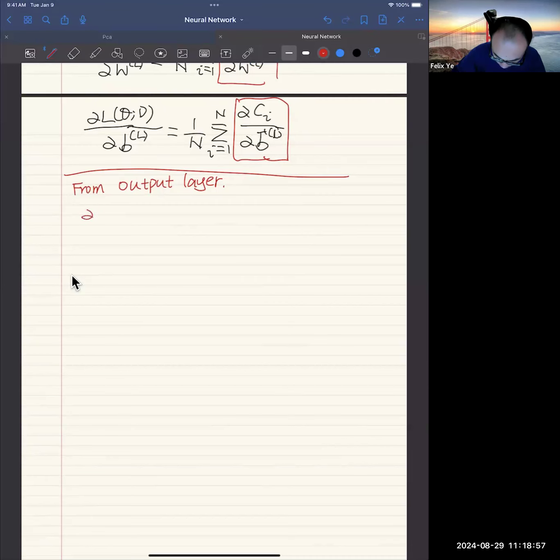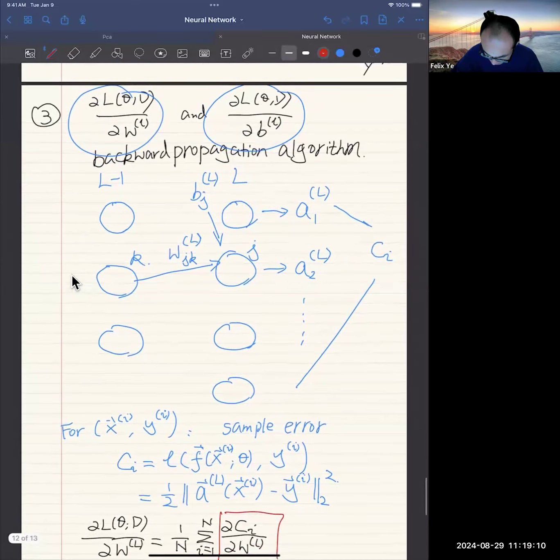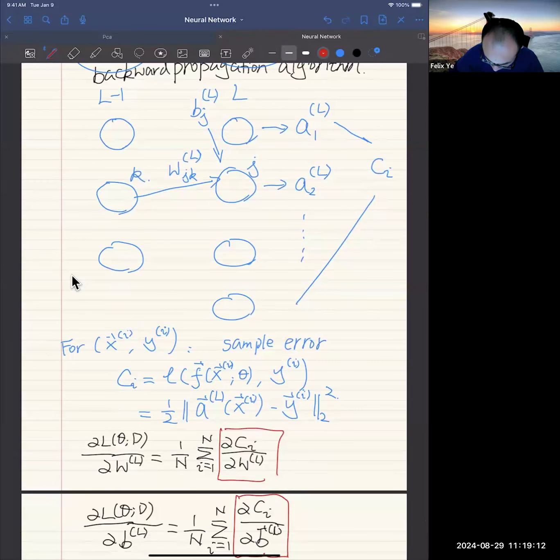So we are interested in partial C_i over partial W_jk^(L). In W_jk, k is from the previous layer, and j is from the upper layer.